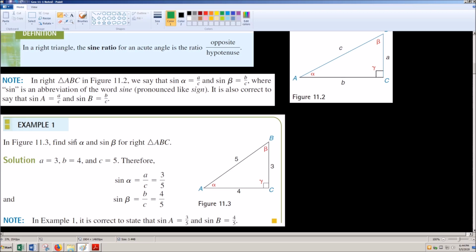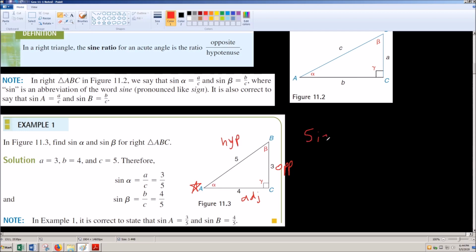So here I want to find the sine of alpha and the sine of beta. So when we're doing sine of alpha, let's do that one in red. Looking at sine of alpha here, I want to start by just drawing my mall star map, and I want to label these things. This is my opposite, this is my adjacent, and this is my hypotenuse. From here, I'm going to say, okay, well, what is my sine ratio?